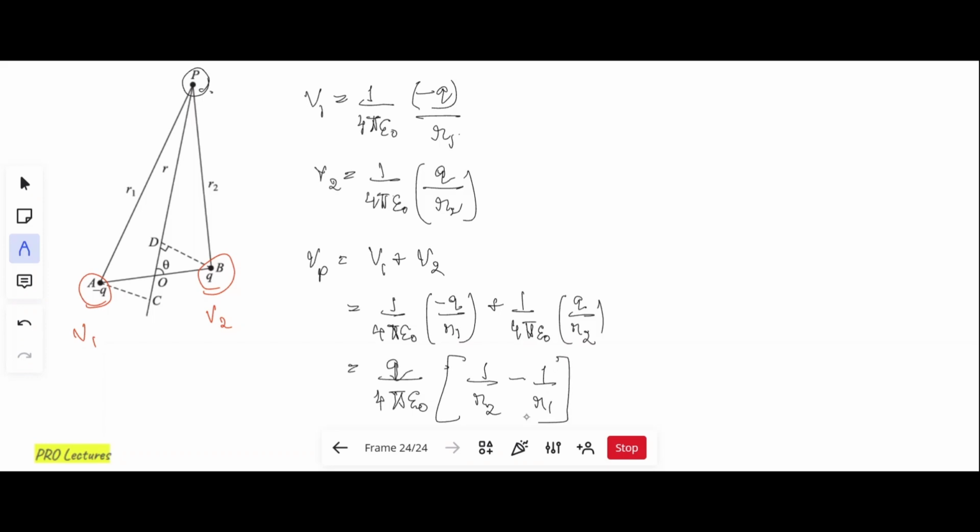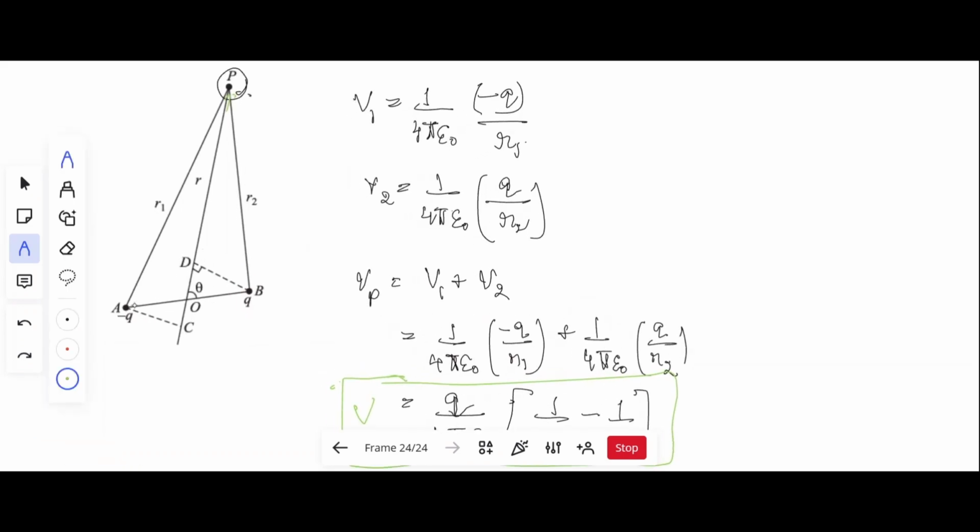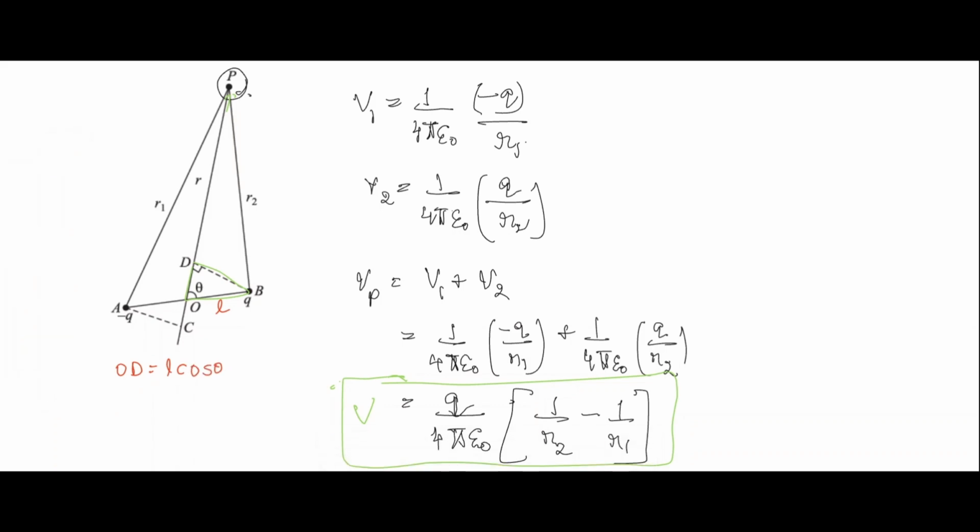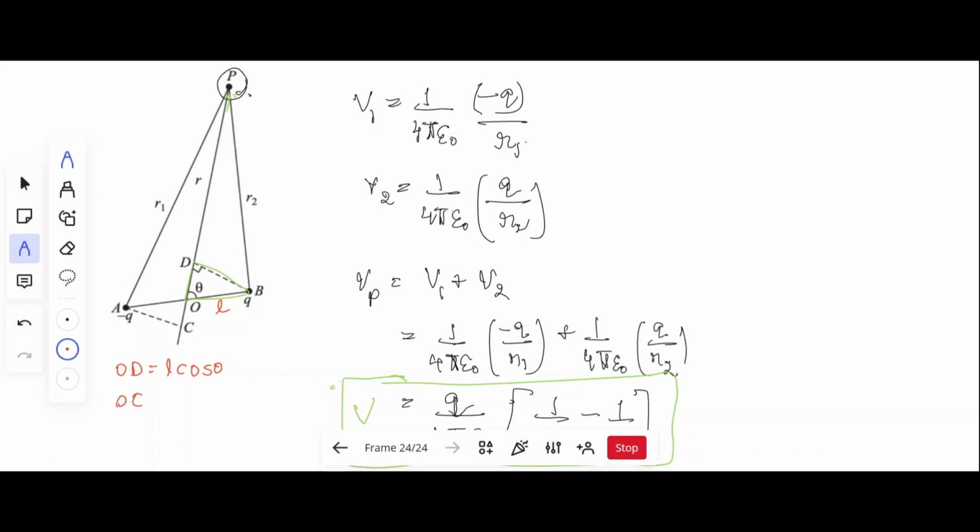I have rearranged it. Let's simplify this equation further. Let us draw the normals from point A to the line joining O and P, and similarly from point B. So these are the normals. From triangle BOD, we note that OD is equal to l cos theta. Similarly, in triangle OAC, we can write OC is equal to l cos theta.